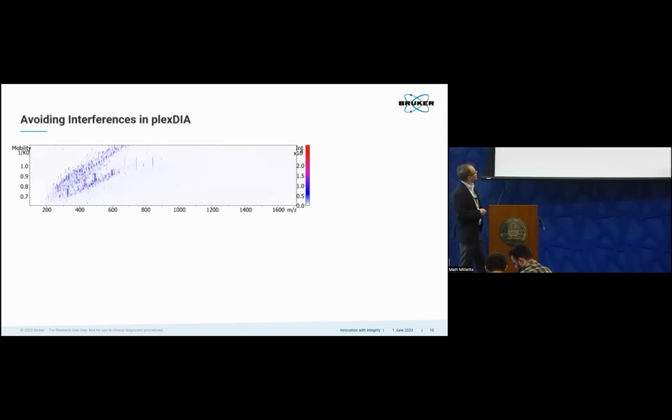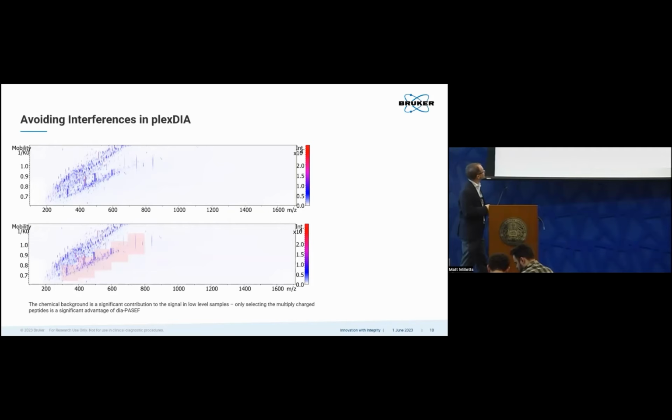So this is just a quick shot from a PLEX-DIA experiment from some of the work that Nikolai published last year. And so you can see here, this is the multiply charged data, from a single cell analysis. Look at all the background here, right? Because the sample itself is obviously much lower in abundance, the amount of singly charged data is relatively much more intense.